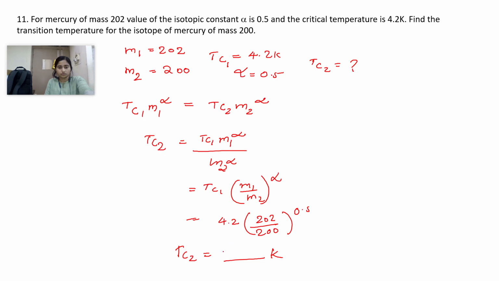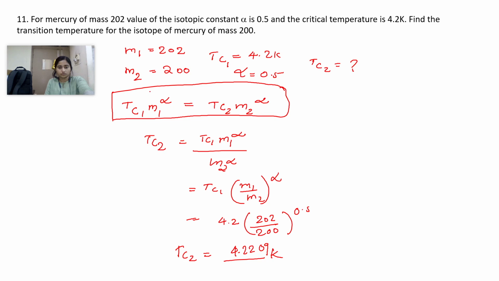So how much are you getting for the Tc2 value? Tc2 will be 4.2209 Kelvin. Here only one thing you have to remember: the formula. In the first problems we solved HC values, using the base formula HC is equal to H0 times (1 minus T by Tc) whole square.